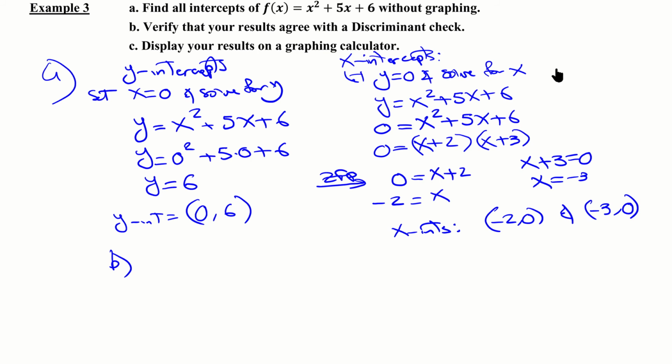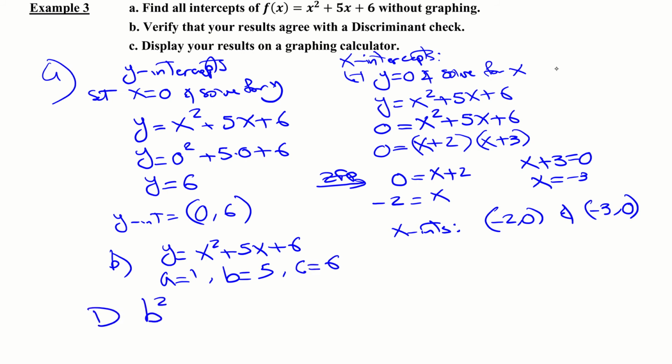So when we look at our original function, y equals x squared plus 5x plus 6, we can see that a is 1, b is 5, and c is 6. So D, which stands for the discriminant, which is b squared minus 4ac, is going to be 5 squared minus 4 times 1 times 6.